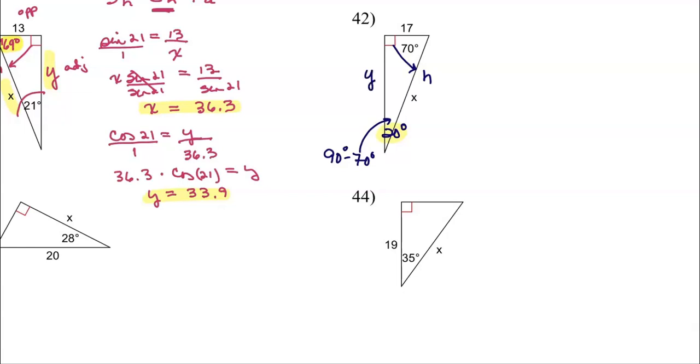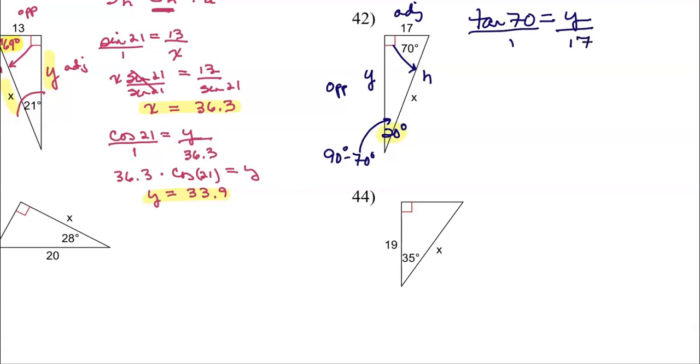So I'm going to say from angle 70's perspective, the y is the opposite, and the 17 is the adjacent. So I could say tan of 70 equals opposite over adjacent.